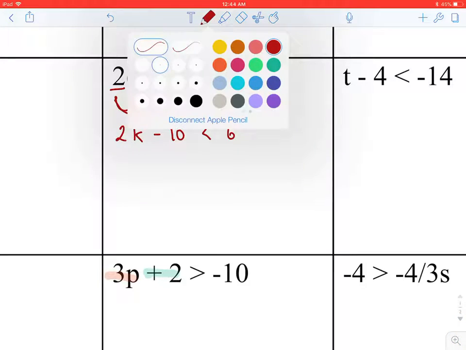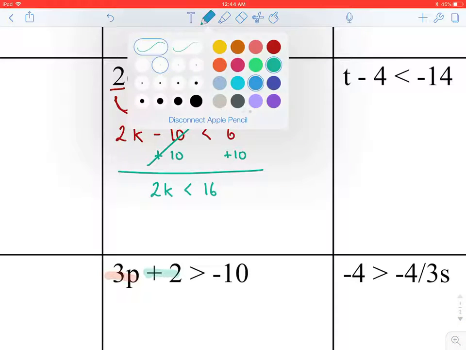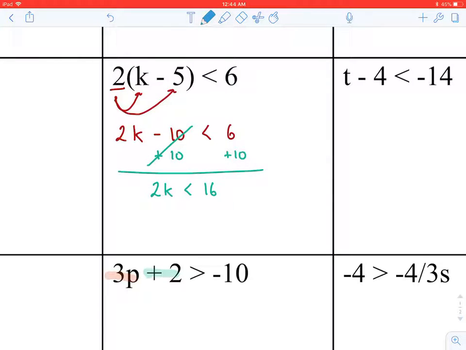And then now what I'll do next is actually take the 2 steps to solve the inequality, addition and subtraction first. So if this is minus 10, I'm going to do the opposite. I'm going to add 10 to both sides, which is going to cancel out the minus 10 and the plus 10 and leave me with 2k is less than 16. And then now I still don't have the k by itself, so I'm going to divide both sides by 2 in this case.